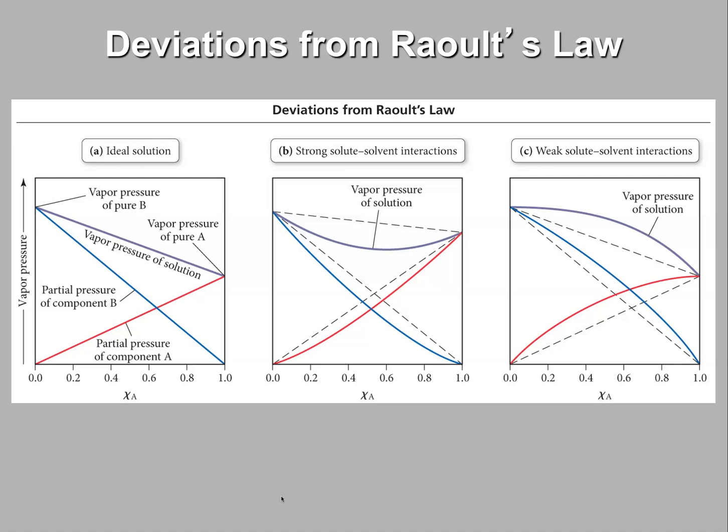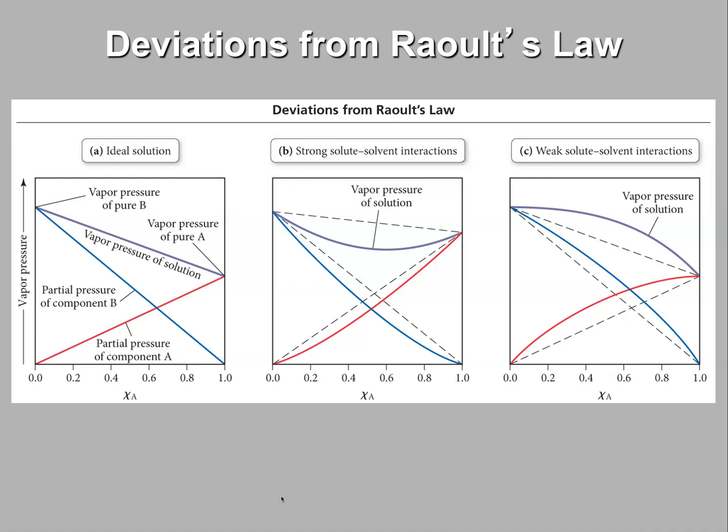We go to the middle one, letter B. This is where we have negative deviations. So the dashed lines are identical to the figure A on the left, except notice that our graphs go below the line, representing a negative deviation. Conversely, in letter C, gives us our representation of a positive deviation. The vapor pressure of the solution is above the ideal line compared to A.